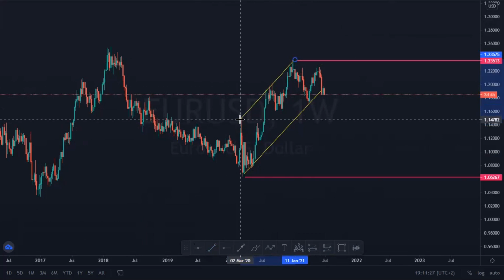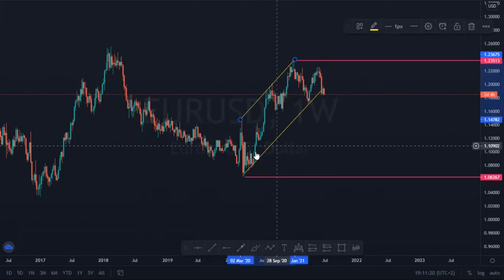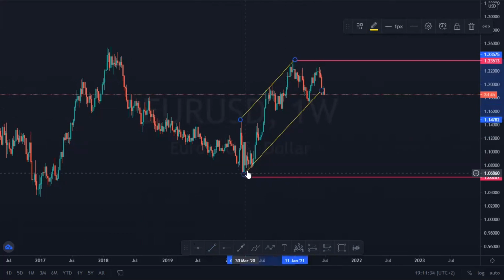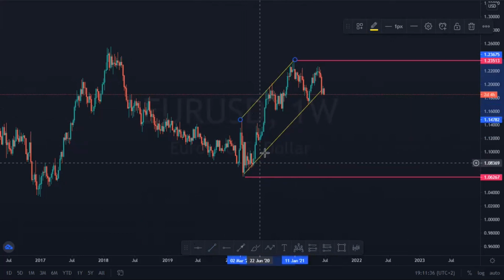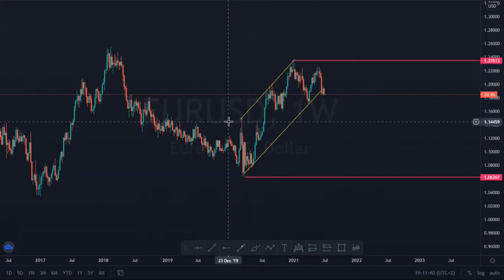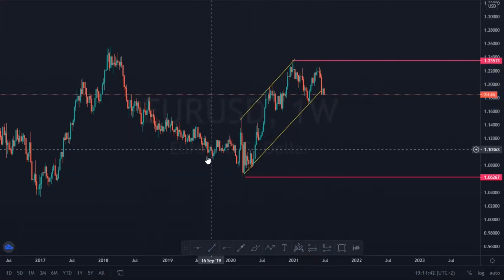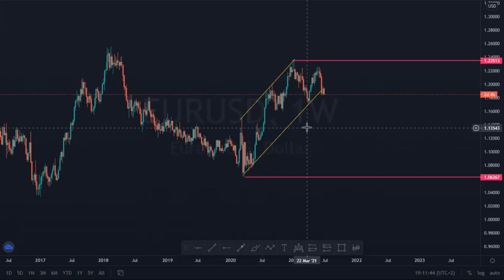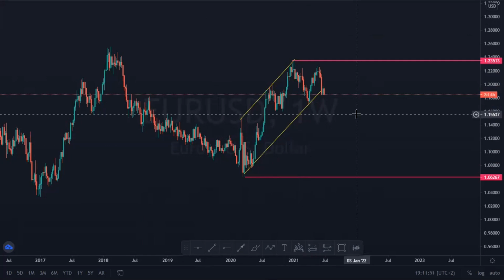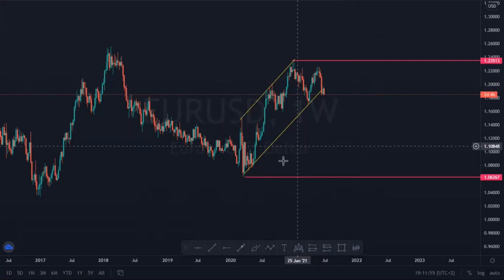What I do is when I put my lines, I put them on the wick, not on the body. If the body is there, it's fine, but it's on the wick most of the time. Other people say that we must put it on the body. But anyway, the wick is still part of the candlestick because it can kick you out. It's not only the body that kicks you out, it's the wick as well.